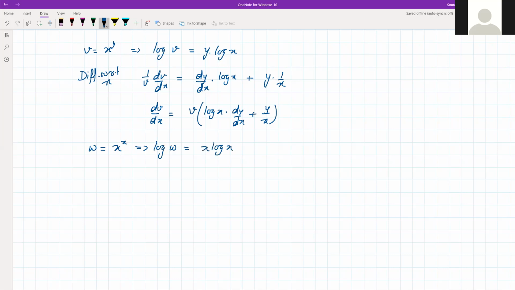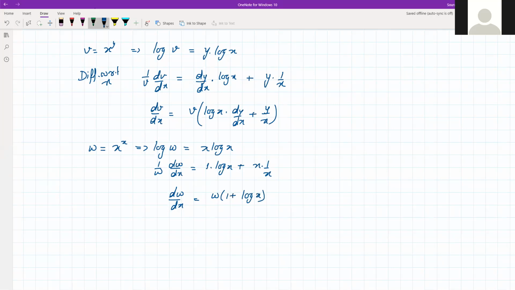So 1 by w dw by dx is equal to first function's differentiation into second function plus first function into second function's differentiation. So that is equal to 1 plus log x. So dw by dx is equal to w into 1 plus log x.